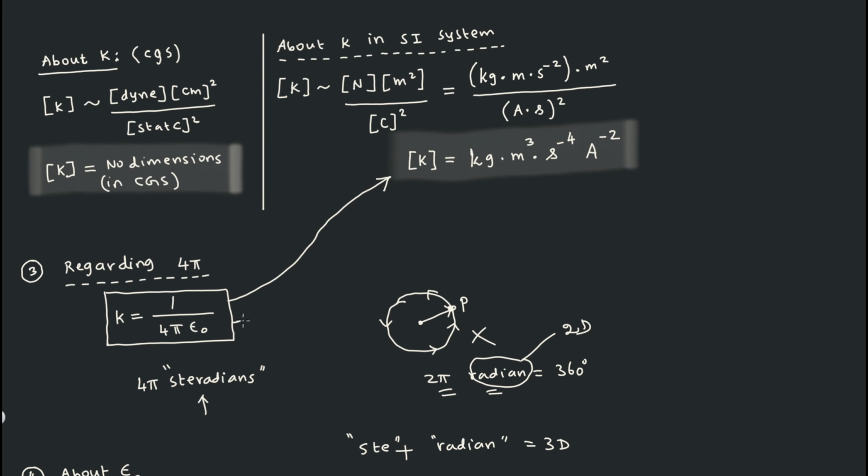Remember that the expression 1 divided by 4 pi epsilon is valid only in the SI system. There is no question of going to the left side here with no dimension, because when there are no dimensions, there is no 1 by 4 pi epsilon 0. It is just k equal to 1 without any dimension. So that trouble will not come.